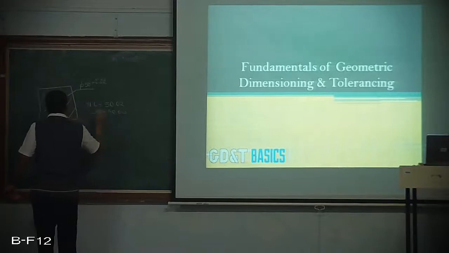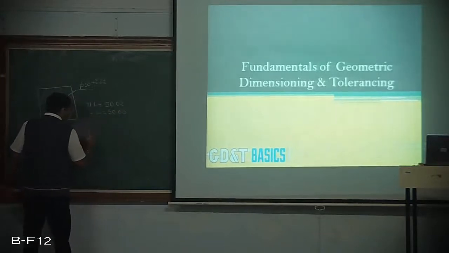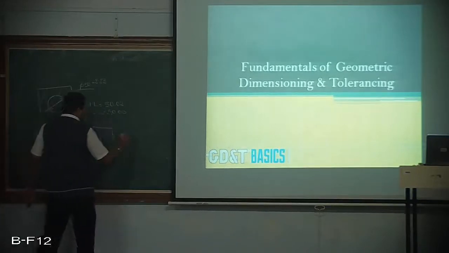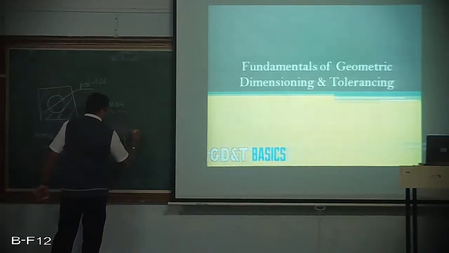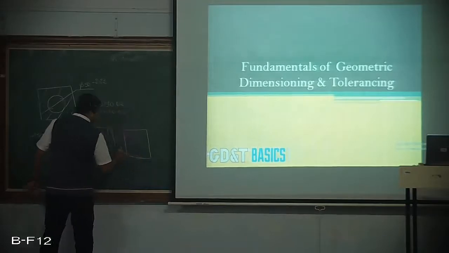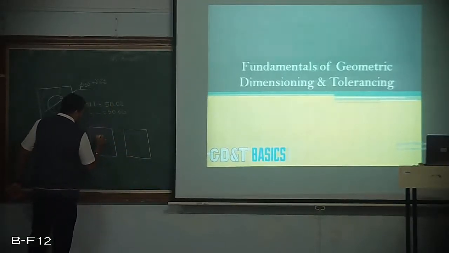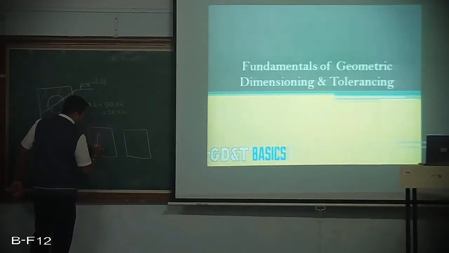I just draw a diagram of this over here again, just a rough diagram, just to elaborate these two. I am drawing a difference in the dimensions of the hole.